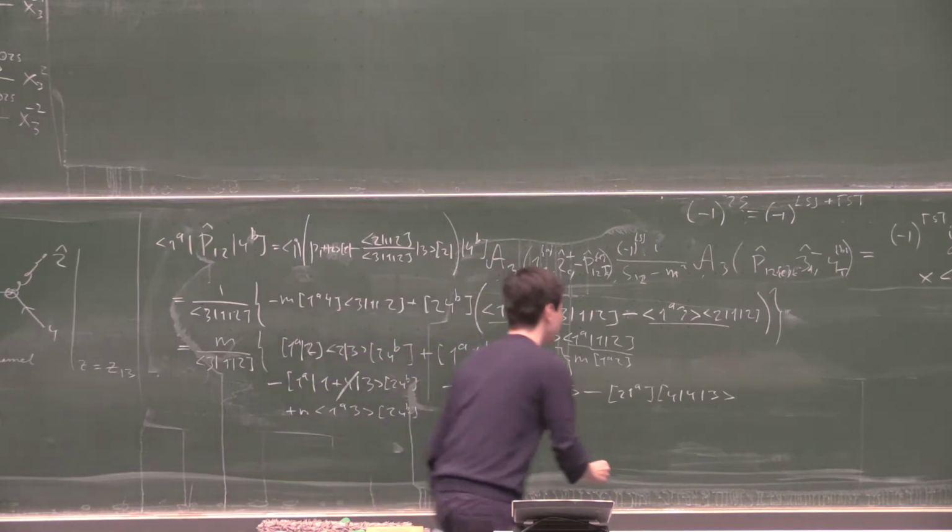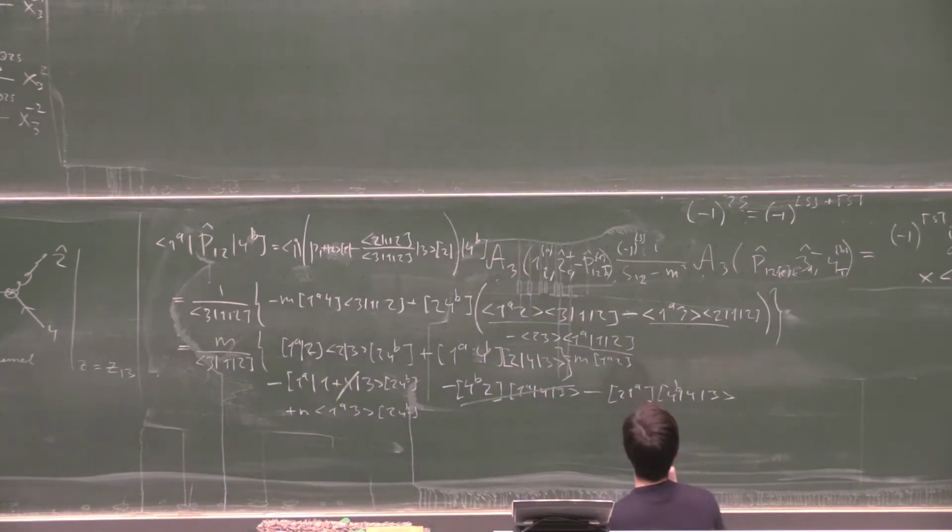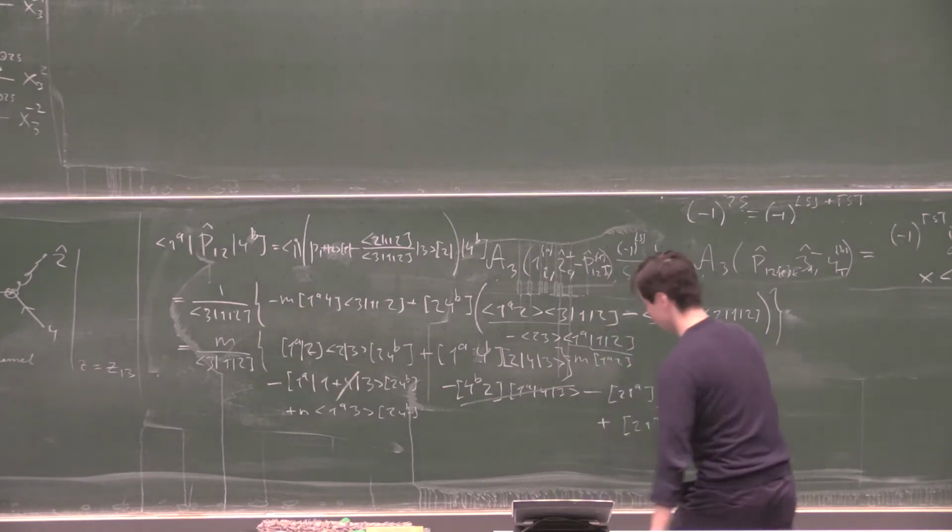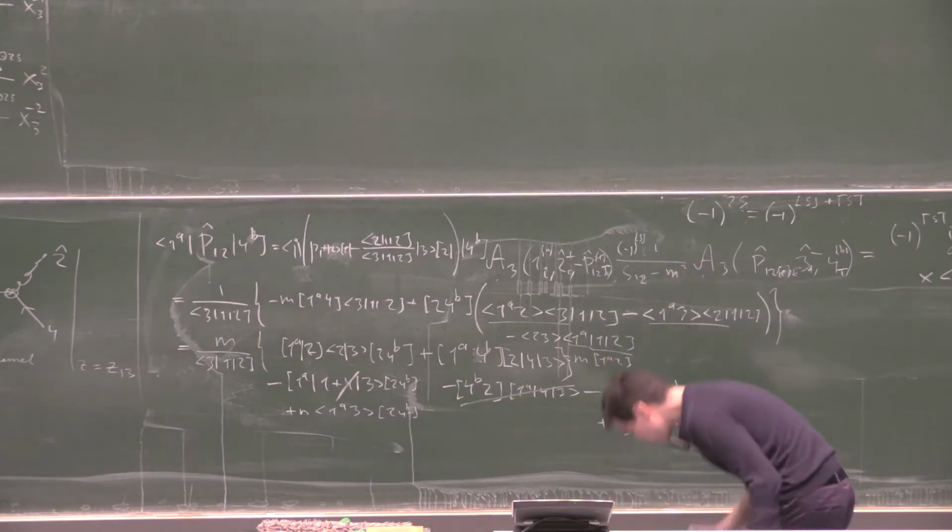And here I get minus M 4B3. So with respect to this minus, it becomes a plus, and 2, 1.